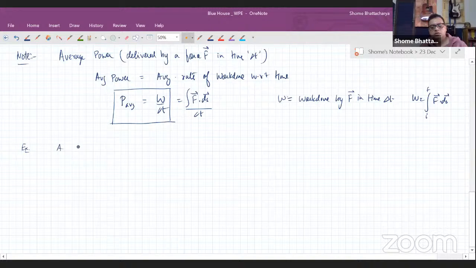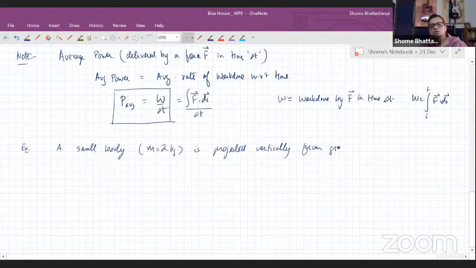A small body of mass 2 kg is projected vertically from the ground at t equal to 0 with an initial vertical velocity of 60 meters per second.